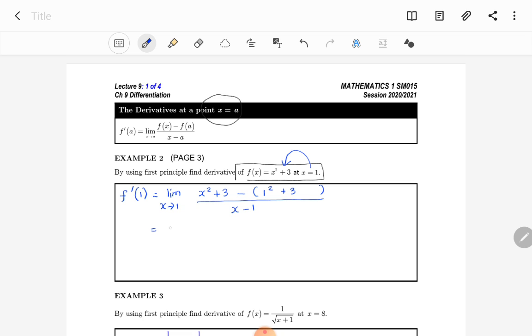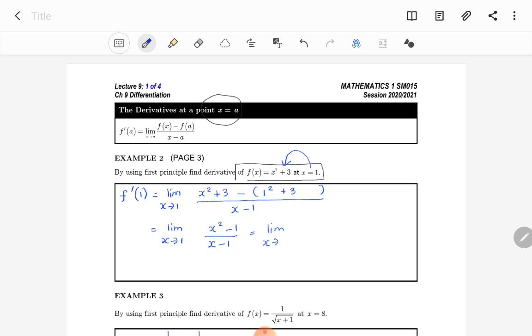Okay, we simplify the numerator. So we will get the limit as x approaches 1. Now the numerator becomes x² minus 1 and divide by x minus 1. If you try to substitute x equals 1 into the function, we will get 0 over 0, which is undetermined. Meaning that we need to factorize first.